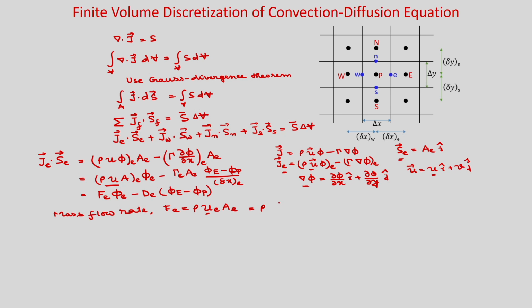So, you can use a linear average. If you have a uniform grid, then you can write rho times u_E plus u_P divided by 2 into A_e, where we are assuming a uniform grid.